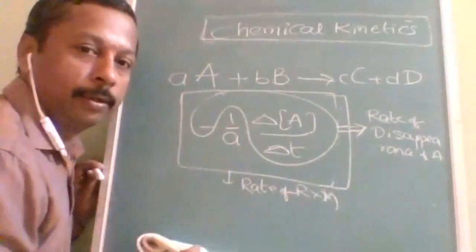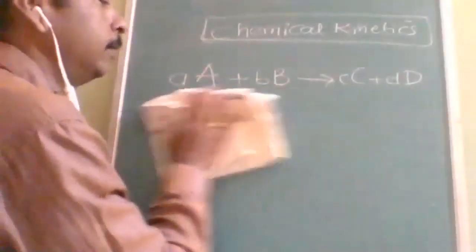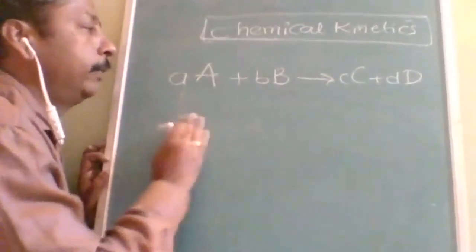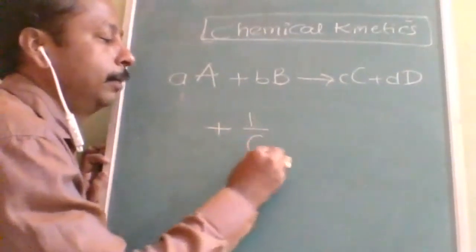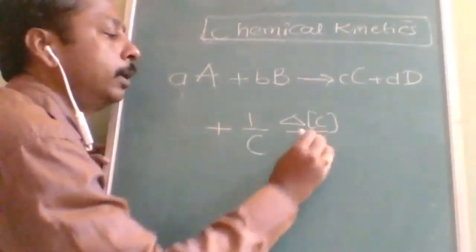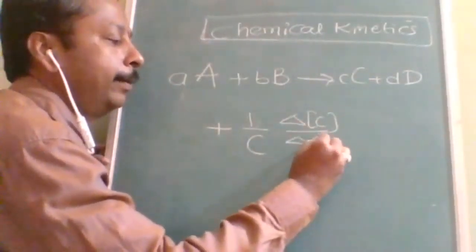Then one more thing I wanted to tell you. Okay, what is that? In terms of the product. So the rate of R, if we write it as a product, will be plus 1 by C delta C by delta T. Sometimes delta can be a triangle, delta can be D also.